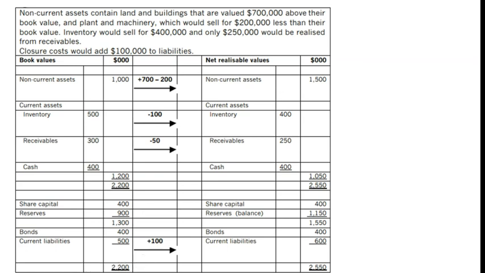So the business non-current assets contain land and buildings that are valued. Remember, these are the book values of the business.